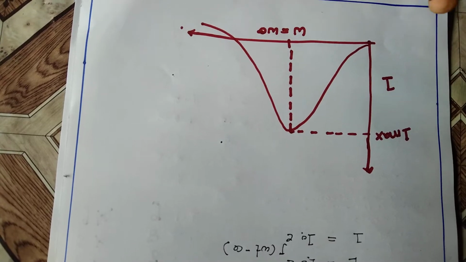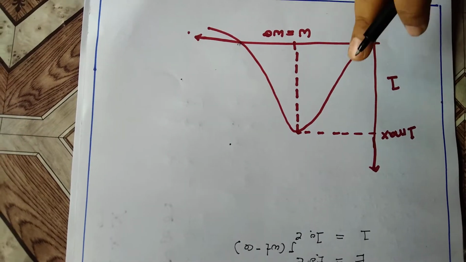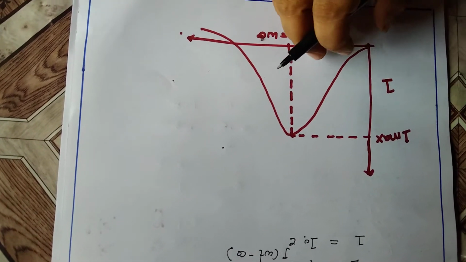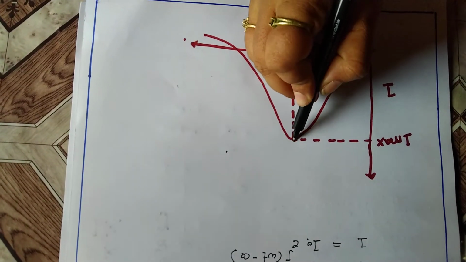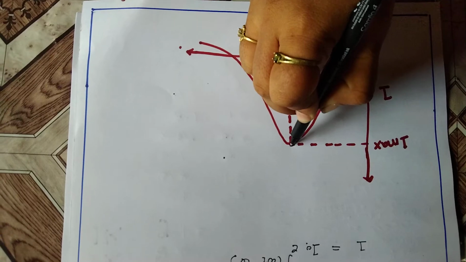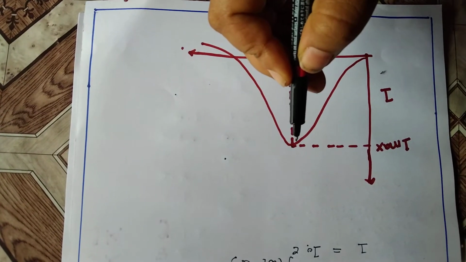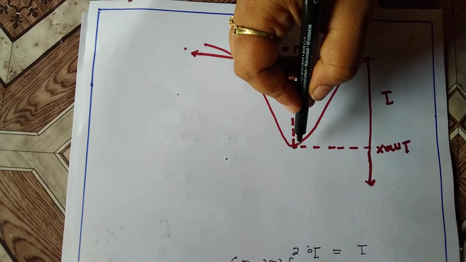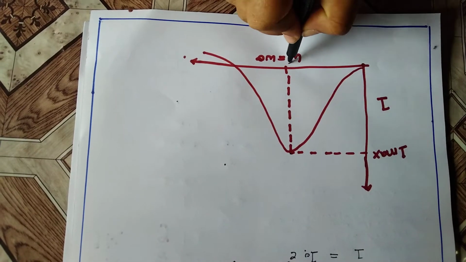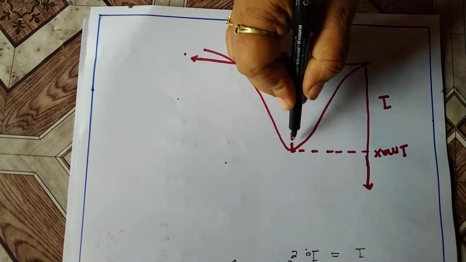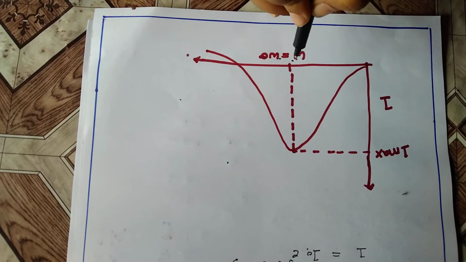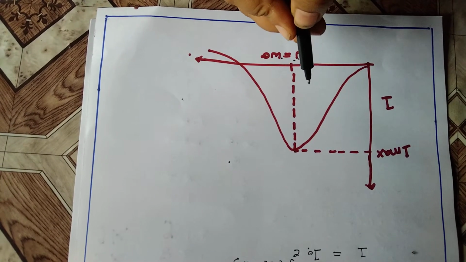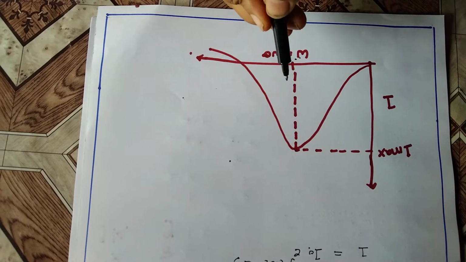At a particular value of angular frequency, the maximum current flows through the LCR circuit. This is known as resonance, and the corresponding frequency is called the resonance frequency. This happens when omega is equal to omega 0, and the potential differences across the inductor and capacitor become equal and opposite to each other.